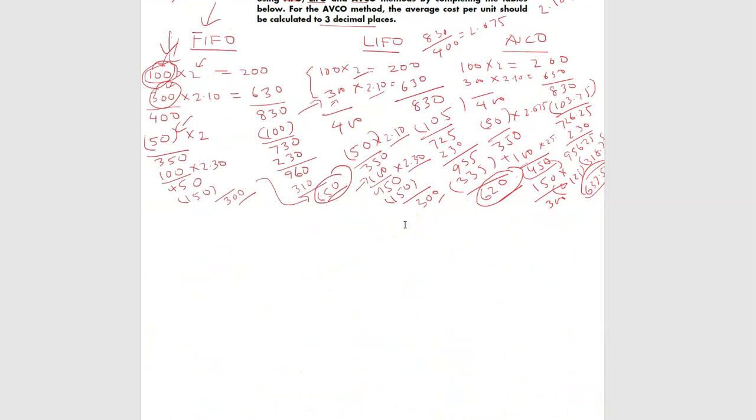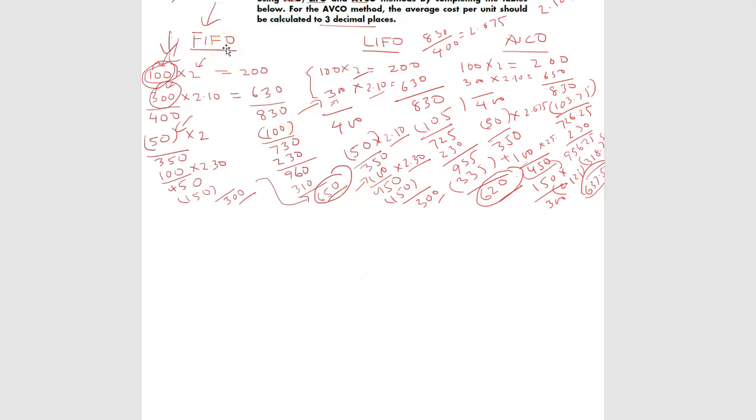So the issuing cost you already know: we have the issuing cost for the FIFO, the issuing cost for the LIFO, and the issue cost for the AVCO. So let's have a look at what the value will be. What is the issue cost for the FIFO? For the FIFO I can see how many times I have issued.